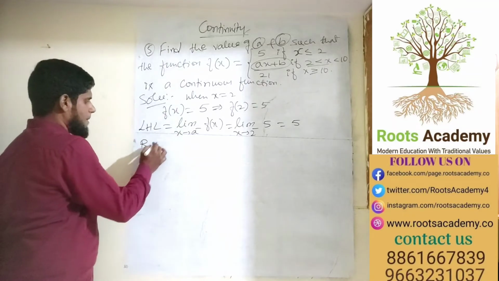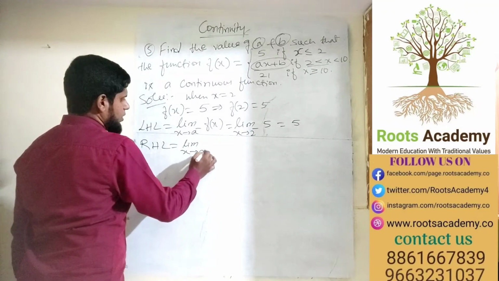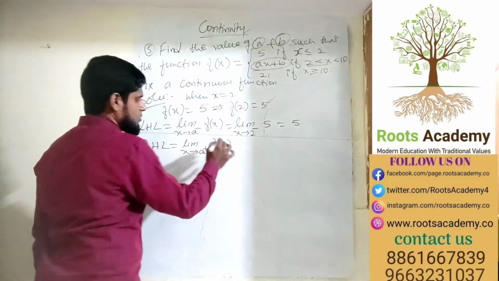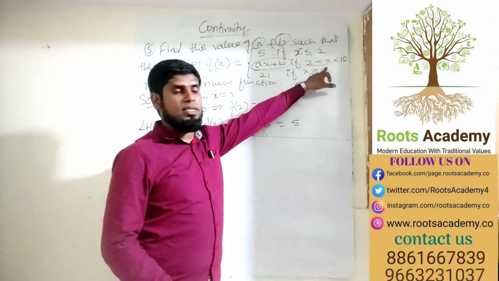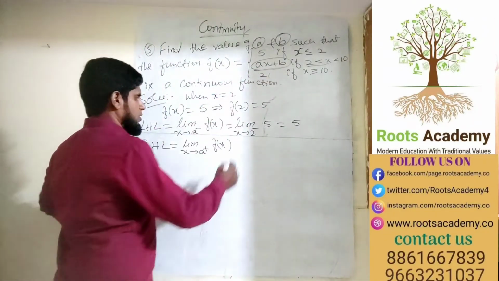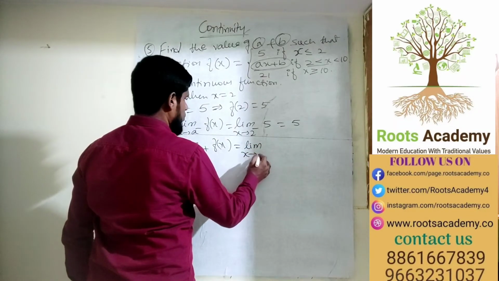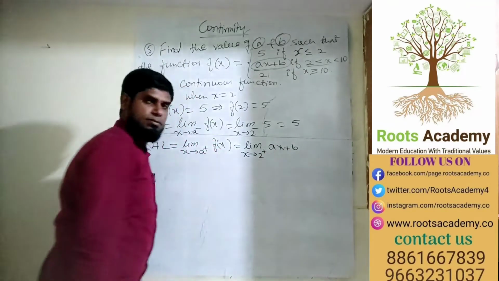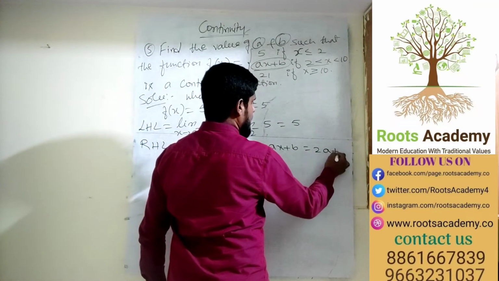Next, the right hand limit, the limit as x tends to 2 plus of f of x. When the value of x is 2, the right hand limit function is ax plus b. Here, the limit as x tends to 2 plus of ax plus b is equal to 2a plus b.